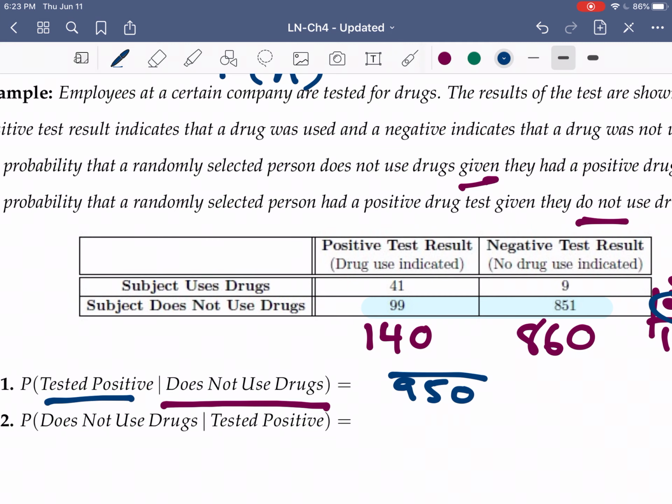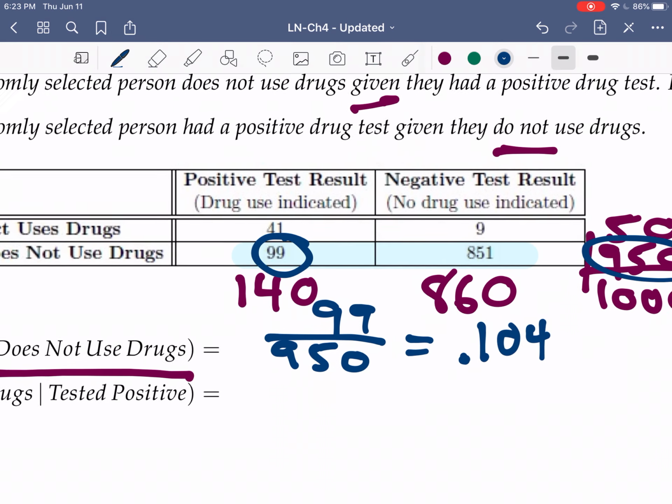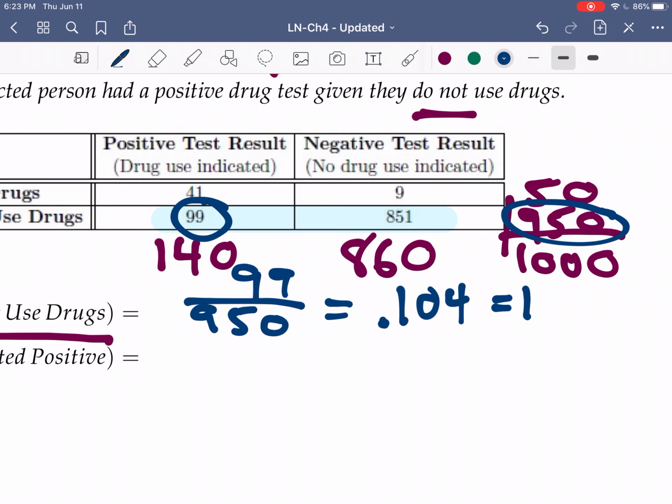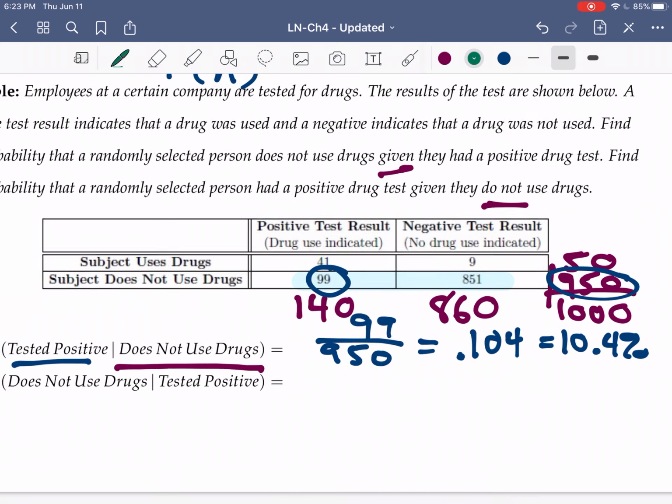So when we know that we are part of those highlighted blue values, only 99 out of those 950 tested positive. So this is something like 0.104 or 10.4%. So for all the people that don't use drugs, 10% of them had a drug test that came back that said, yeah, we think they used this drug.